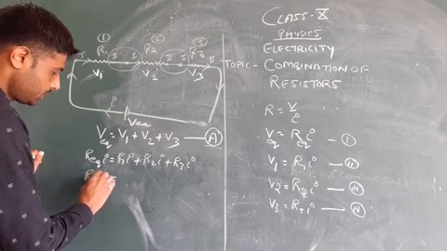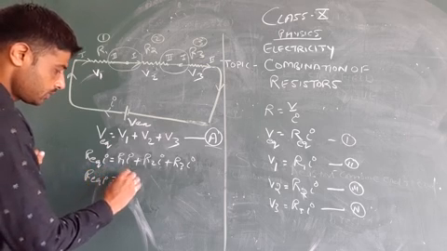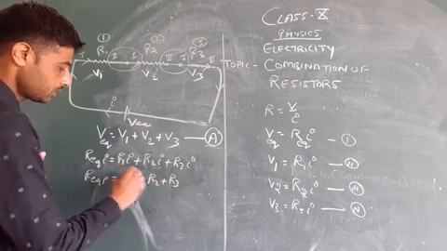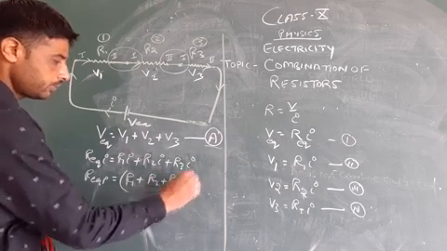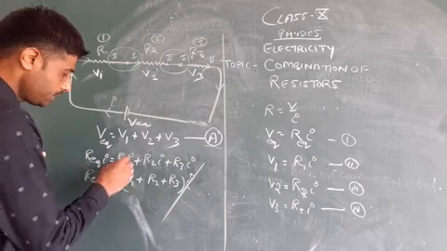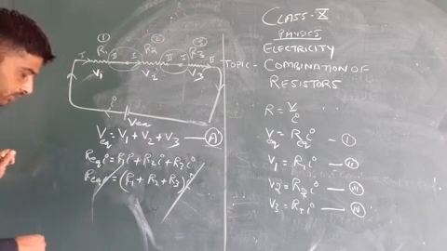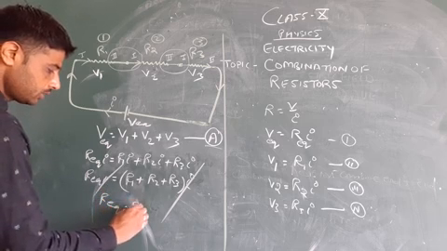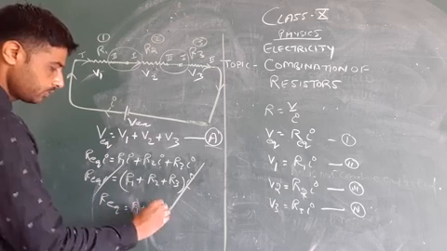So R equivalent I equals R1, R2, R3 times I, and I will be common. So I cancel by I. So R equivalent equal to R1 plus R2 plus R3.